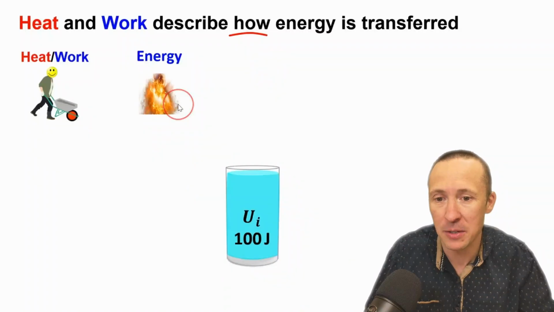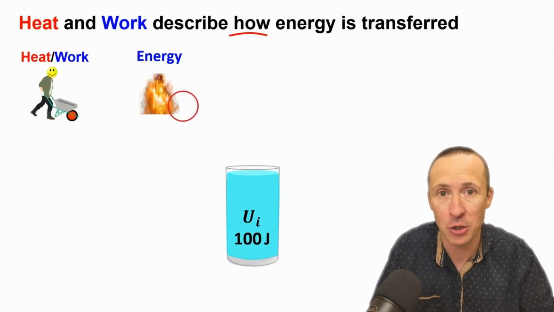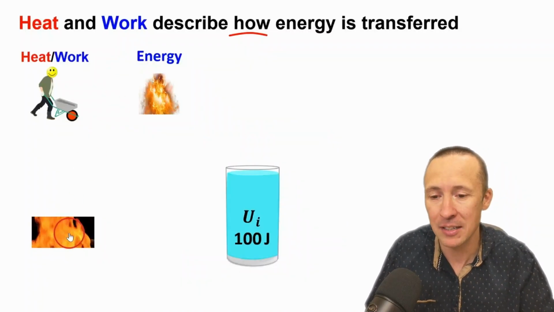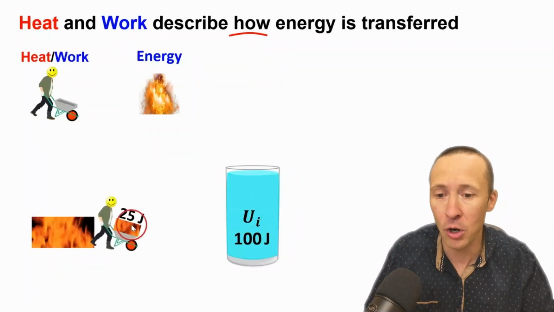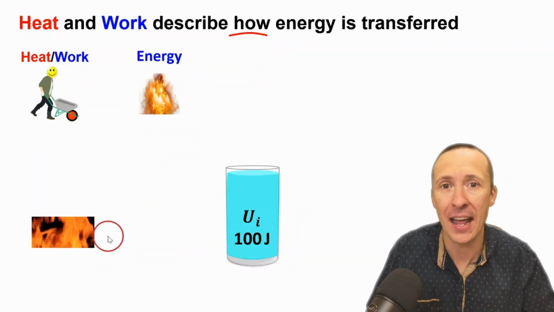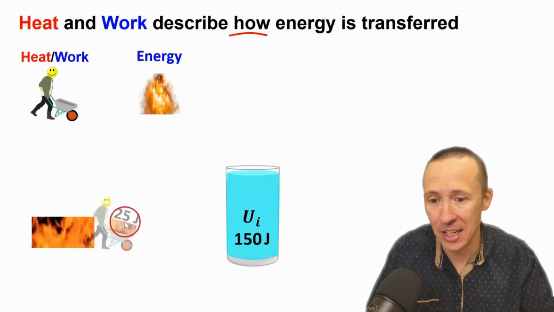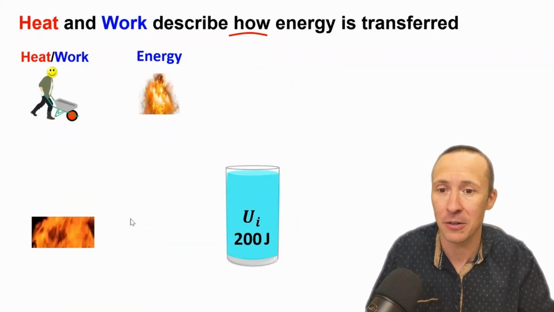Now, fire is more like heat, but just bear with me because it's hard to get a picture of actual energy. Let's say we have some energy pile and we're trying to get energy from this pile into the system. Well, heat and work describe how that energy is being transferred. Heat and work doesn't carry the energy as I have in this wheelbarrow. It just describes how that energy itself is transferred.